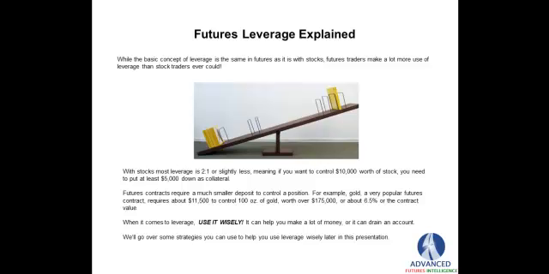Futures contracts require a much smaller deposit to control a position. For example, gold, which is a very popular futures contract, requires about $11,500 to control 100 ounces of gold. Now that 100 ounces of gold is worth over $175,000, and that means that the deposit is about 6.5% of the contract value.